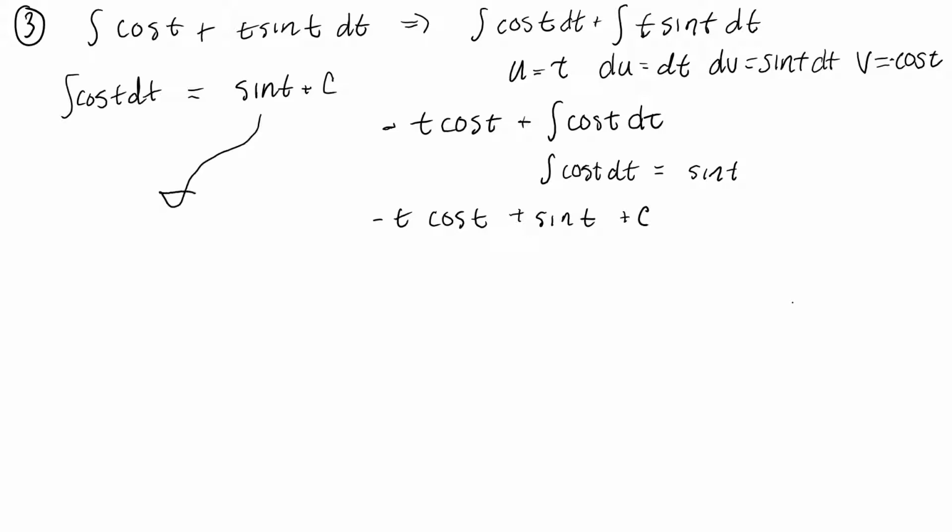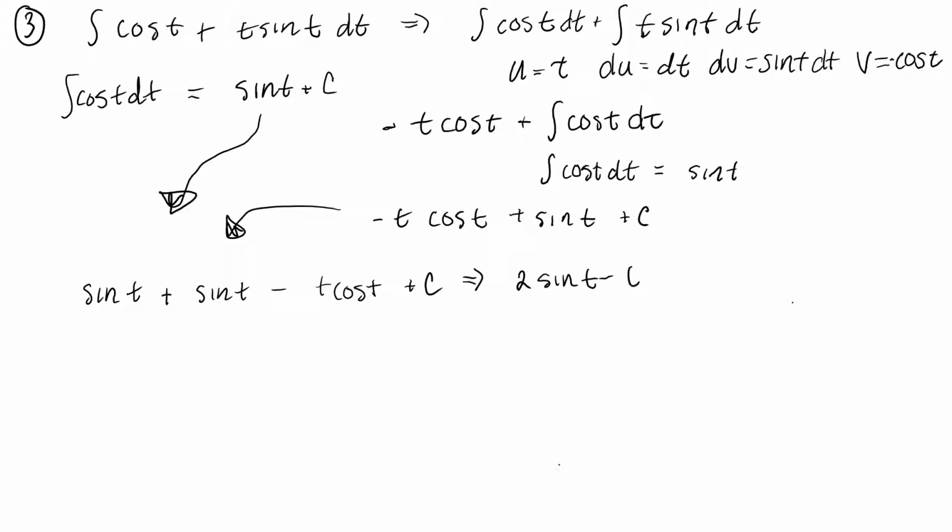And we're going to go ahead and put them back together. So we have sine t plus sine t minus t cosine t, which simplifies into 2 sine t minus t cosine t plus c3 for equation 3.